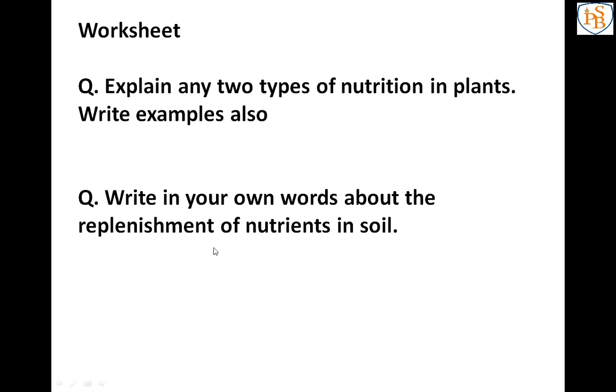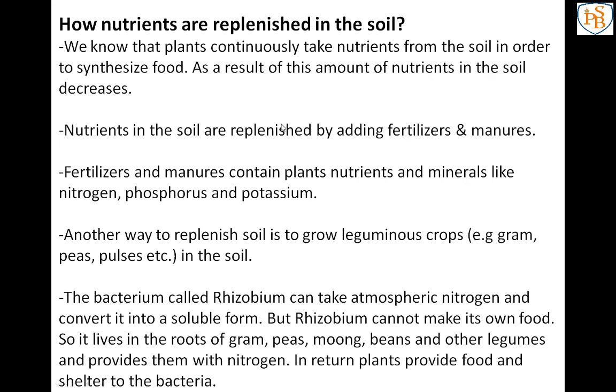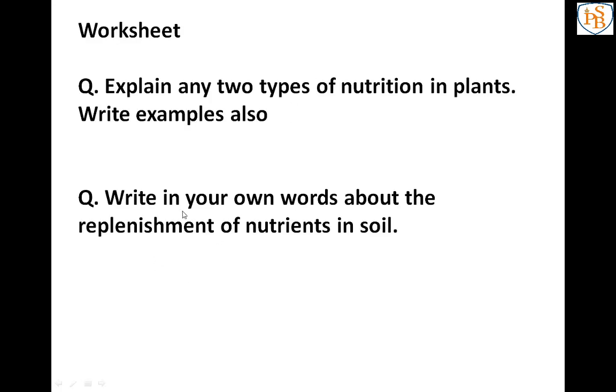And the last question is, in your own words you have to write the replenishment of nutrients in the soil, means how can you replenish the nutrients in the soil, that you have to write in the last question.